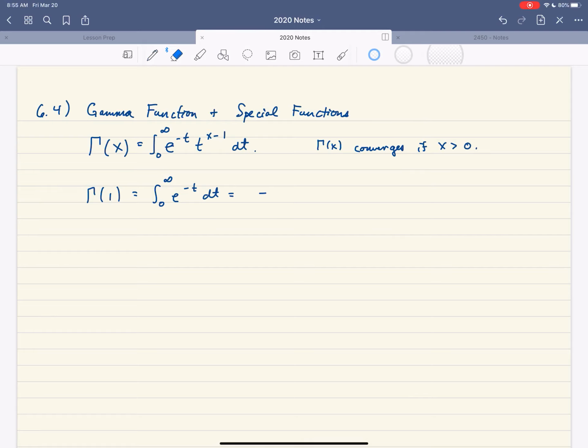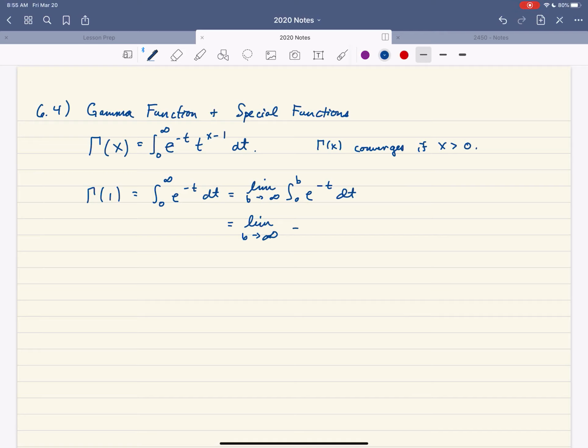And it turns out that this is going to be, let me do this completely the right way first. So this is the limit as b goes to infinity of the integral from 0 to b of e to the negative t dt. And now this is just a limit of a normal integral over a finite interval.